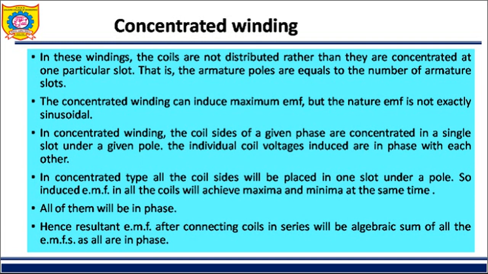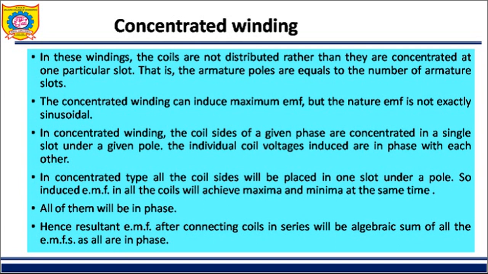Concentrated winding can induce maximum EMF, but the nature of the EMF is not exactly sinusoidal, because it is concentrated at one place, at one slot. Where the winding is available, more EMF is generated there. So it disturbs the sinusoidal nature.